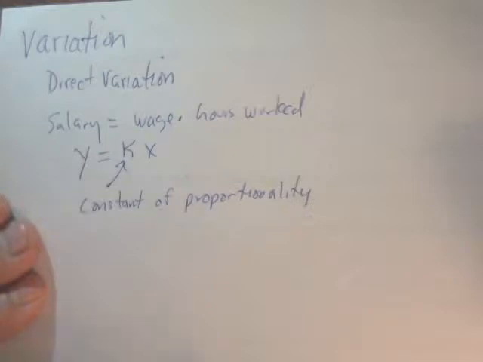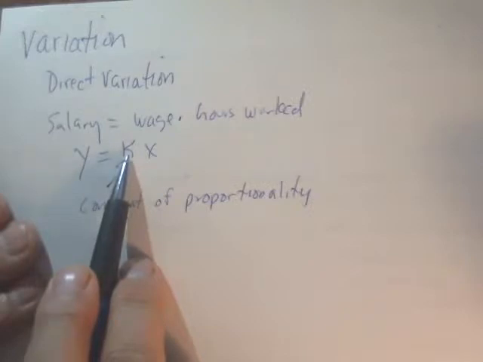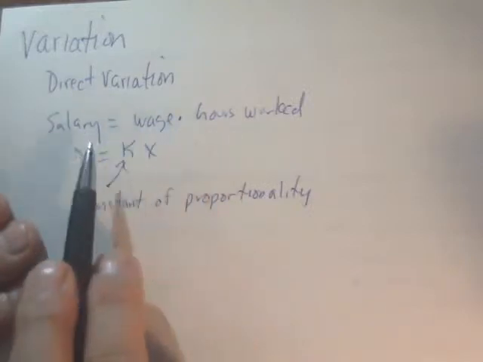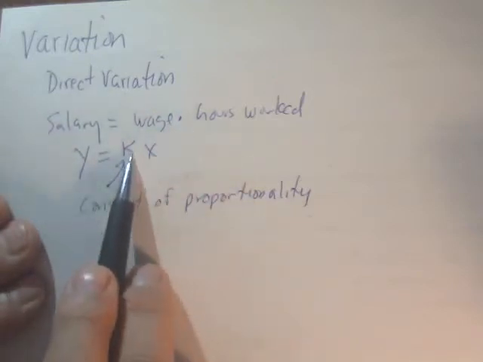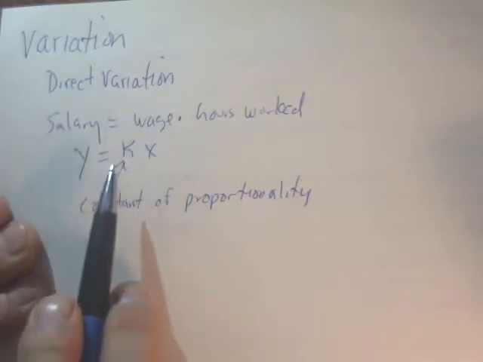Okay. But that's kind of like your fixed item in the equation. So if you look at the example I gave you, your salary varies, your hours worked varies, but normally your wage does not unless you get a raise. But for the most part, your wage stays consistent.